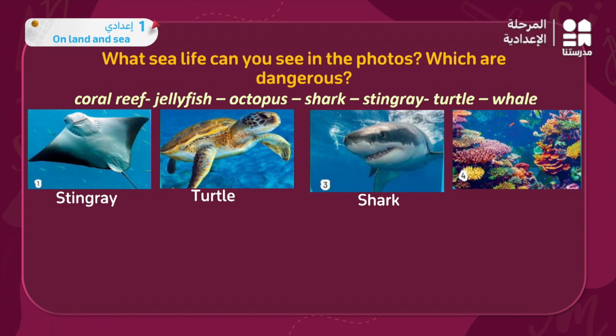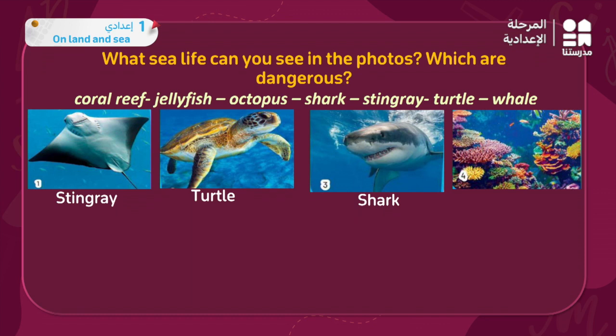After that, here we have the coral reef. And the coral reef, kids, is an ecosystem made or built by small water animals to take it as a shelter, or to live in it as a habitat, from the other water animals.